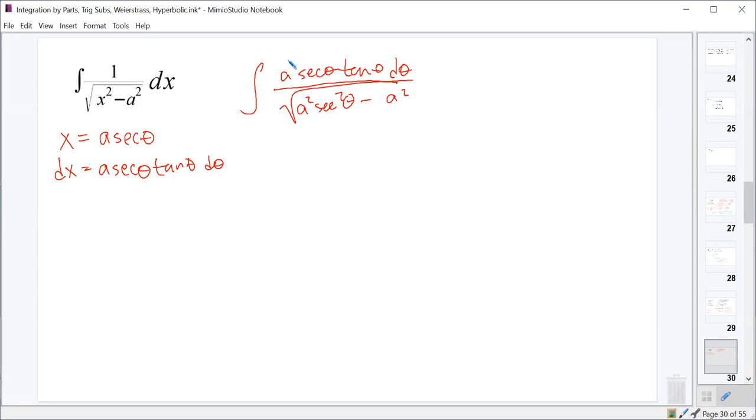Secant squared theta minus 1 ought to be tangent squared theta. And what's the square root of tangent squared theta? Tangent theta, which should cancel with the tangent theta. So what are we really just left with here? It's an integral of secant theta d theta. Good or no? Everybody all right with that simplification?